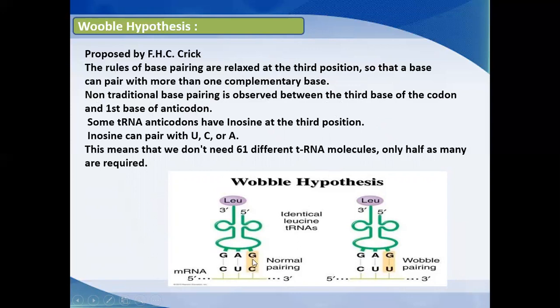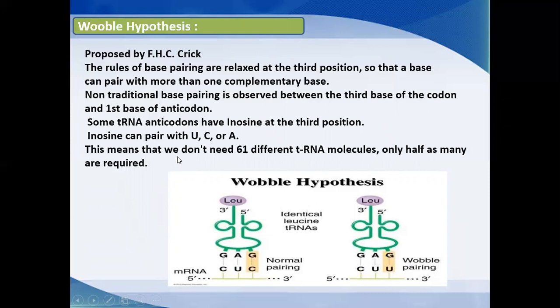So here G can bind with C, and the same nitrogen base G can pair with U also. This pairing between the third nitrogen base of the codon and the first base of the tRNA anticodon leads to the wobble hypothesis.